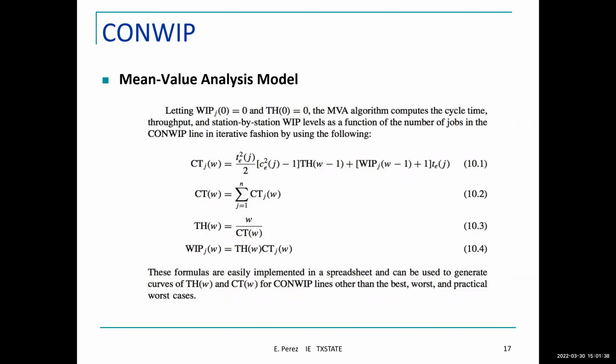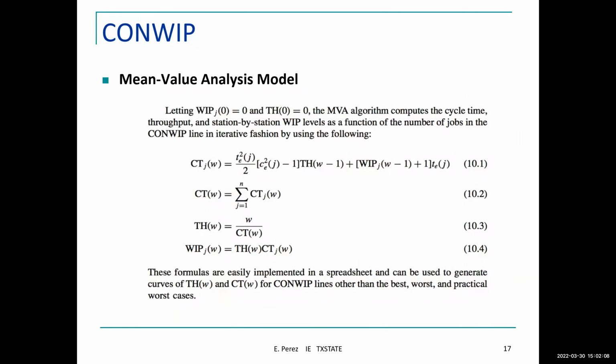Basically, this means that if you have a WIP of 0, the WIP_j is going to be equal to 0 for the CONWIP line with WIP equal to 0, and the throughput is going to start at 0. This mean value analysis model or algorithm computes the cycle time, throughput, and station by station WIP levels as a function of the number of jobs in the CONWIP line in an iterative fashion by using the following.